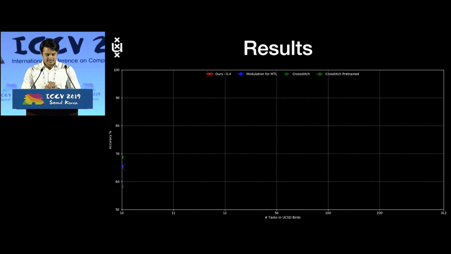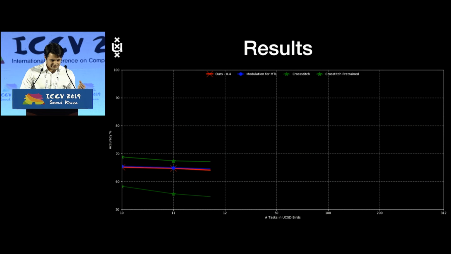So let's see how this approach affects the performance of our models. For this, we designed an experiment on the UCSD Birds dataset, which we can see on the slide right behind us. It's a plot of accuracy versus the number of tasks performed by the model. Here we do at maximum 312 classification tasks.